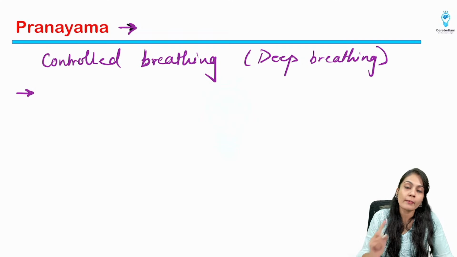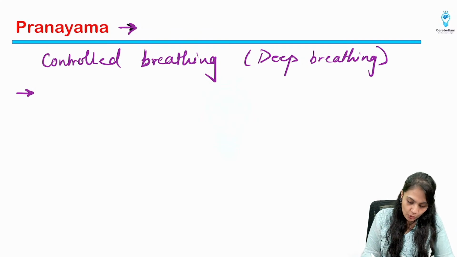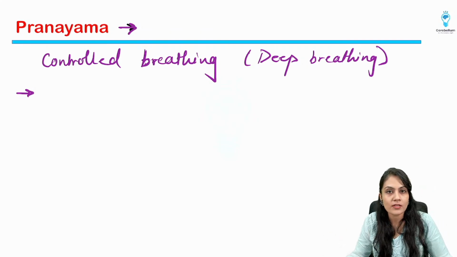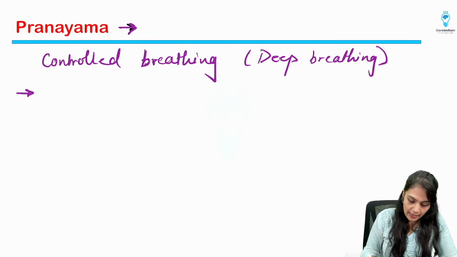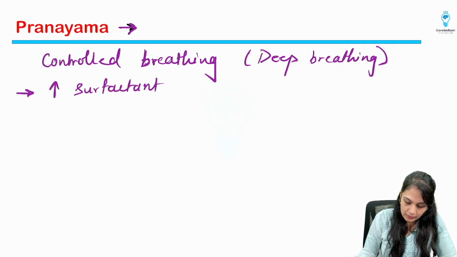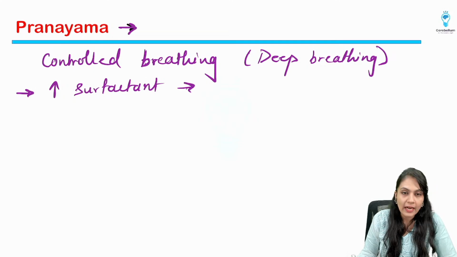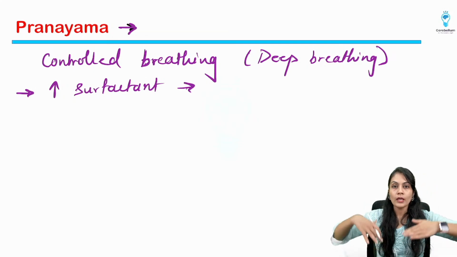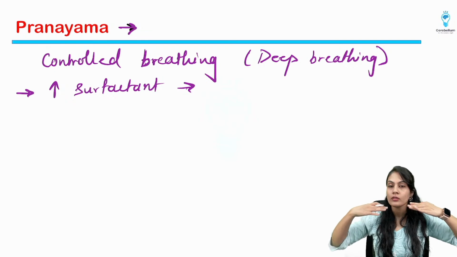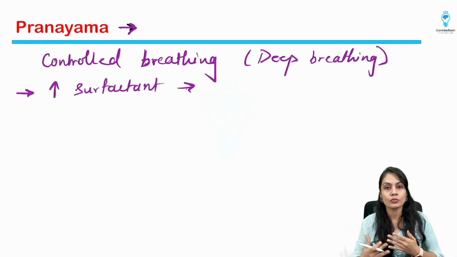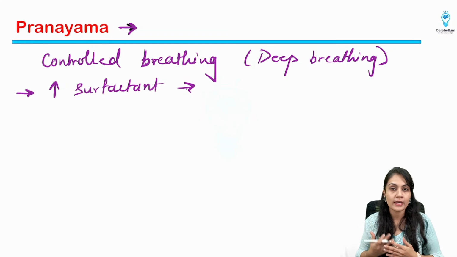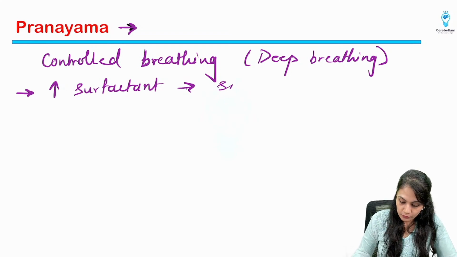During pranayama, it is shown, and these are all hypothesized facts, right, that it increases surfactant synthesis and thorough spreading. So it is proved that as soon as you deep breathe, or do pranayama, or control breathing, the spreading of this surfactant will be thorough.